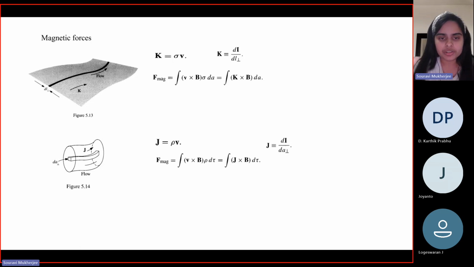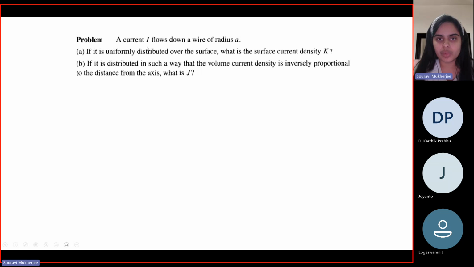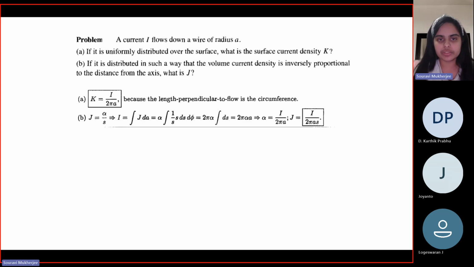So suppose you have a wire of some radius A, and there is a current I flowing through the wire, and it is said that it is uniformly distributed over the surface. So now you have a surface current density. You have to find the surface current density given the fact that it's uniformly distributed. So how to do that? The first part will be to find over what region your charge is flowing. This is your net current, and K is your surface current density, that is current per unit length.